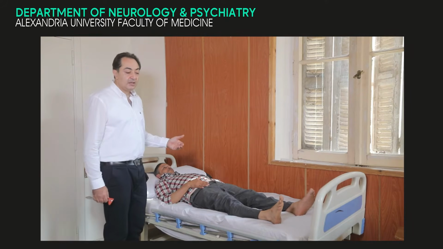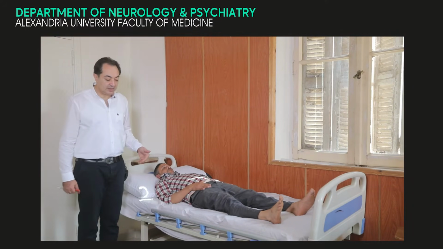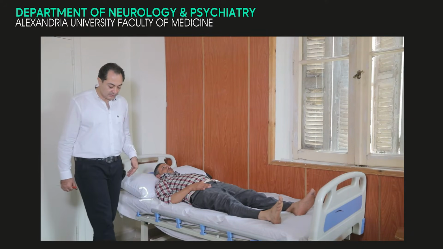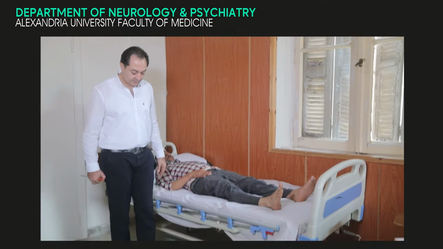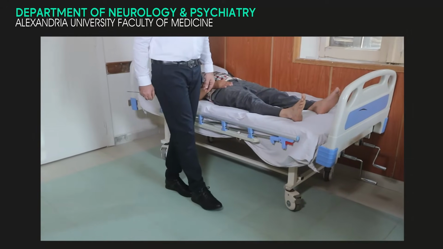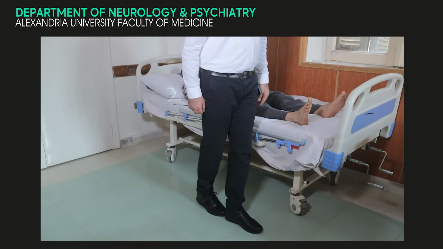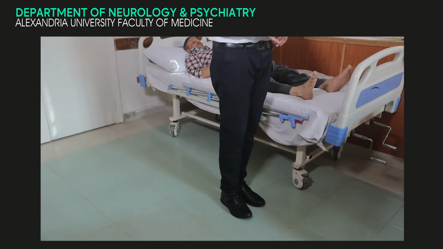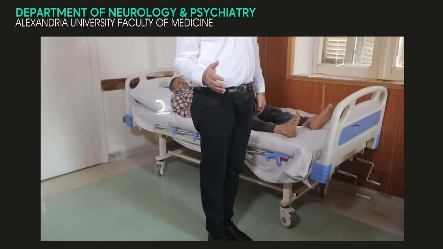Then let the patient stand and ask him to walk a tandem gait on a line like that. If he sways to one side, this indicates a lesion on the same side of the cerebellum.